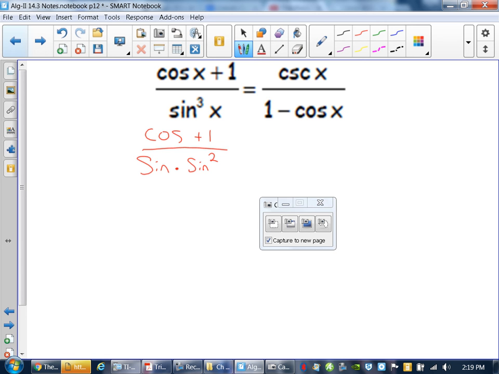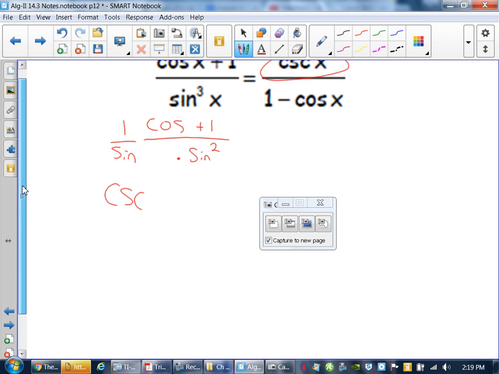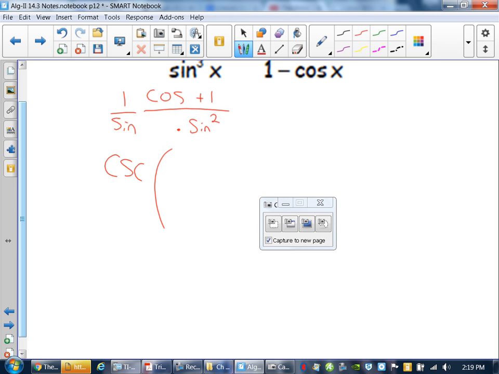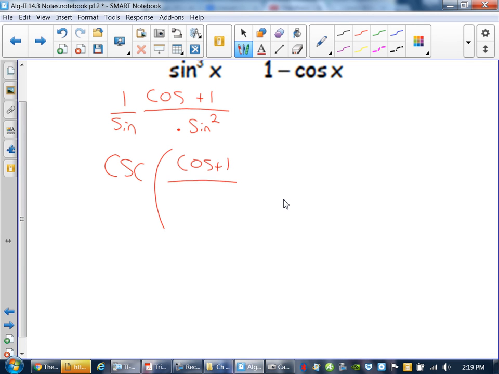That gives me my cosecant here with this sine part. Because when I multiply it in, that's the same thing as saying 1 times the sine, which means I already have a cosecant portion taken care of. So I have a cosecant times cosine plus 1 over sine squared.